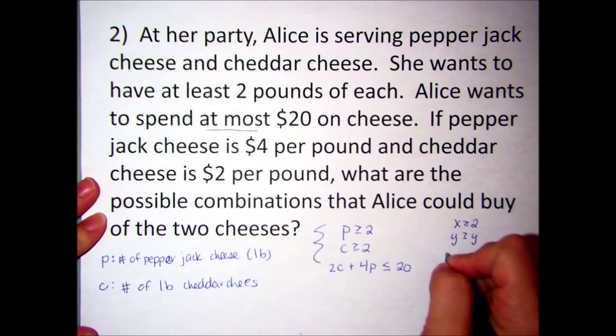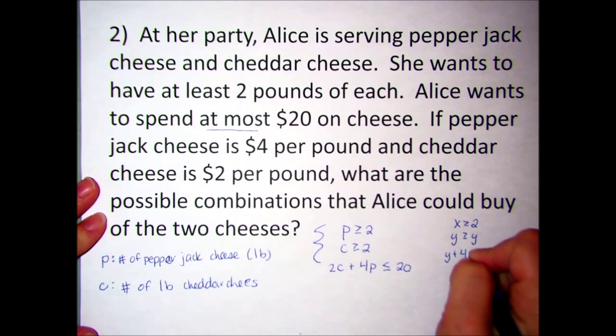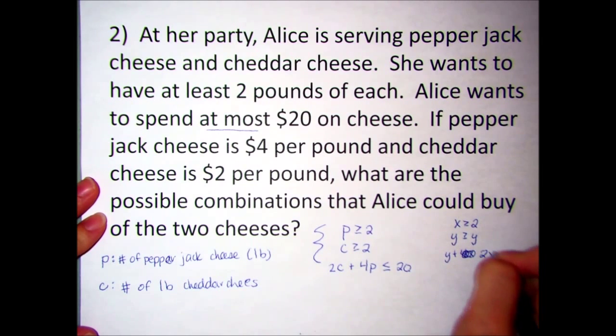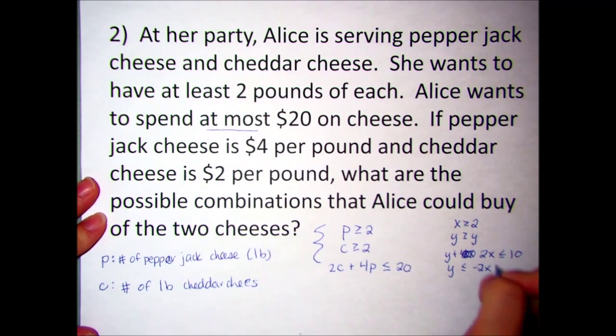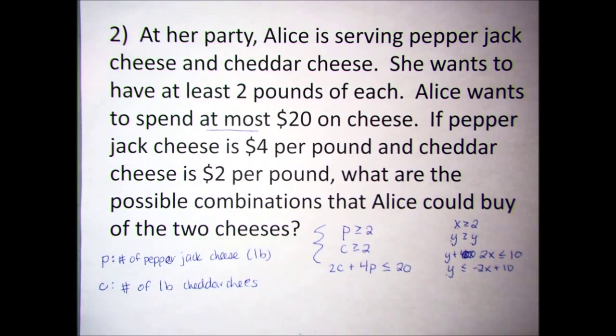So I could have my y plus 2x is less than or equal to 10. So everything could be divided by 2. And then remember, we've got to get this one here into slope-intercept form. So the 3 lines you would be graphing would be this one, and this one. And then look for where their solution actually has the triple shaded region.